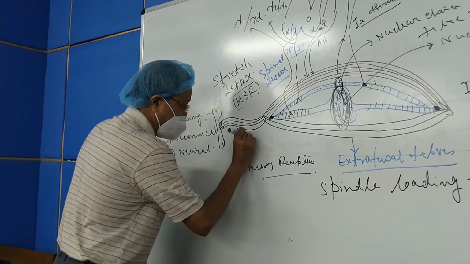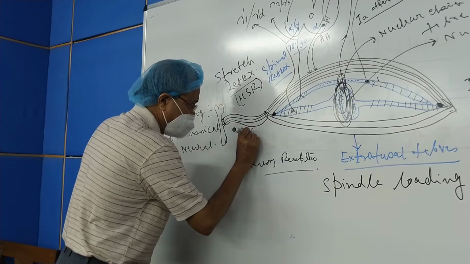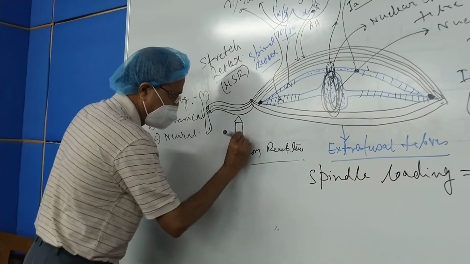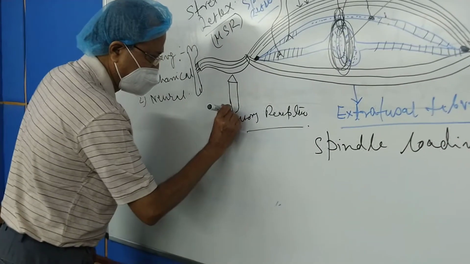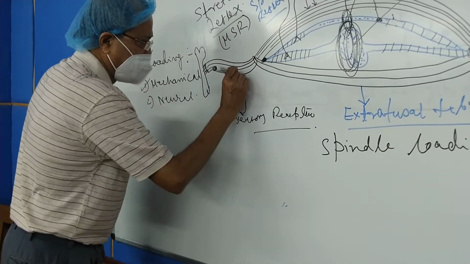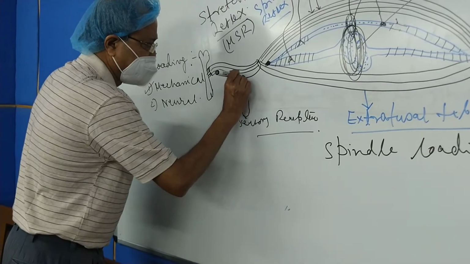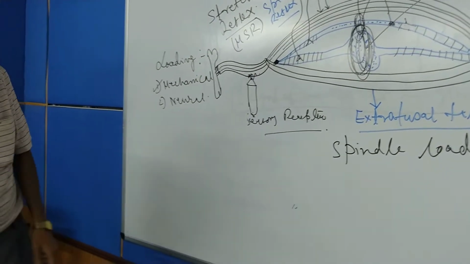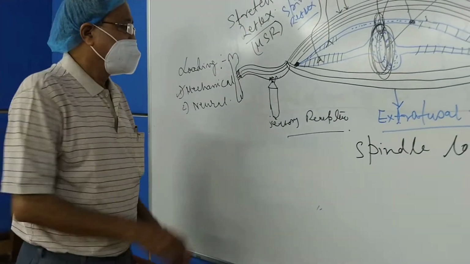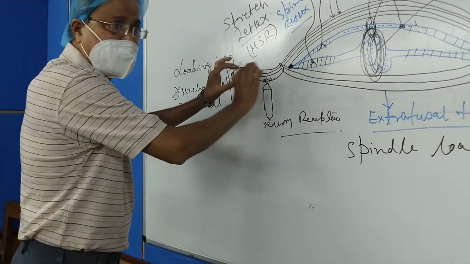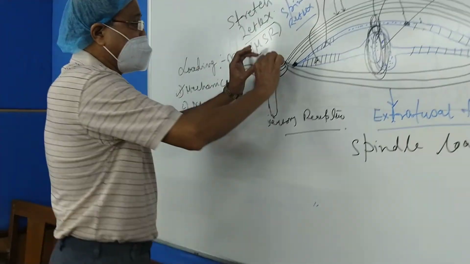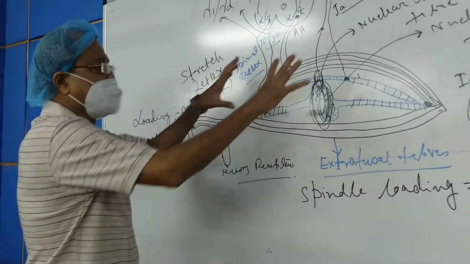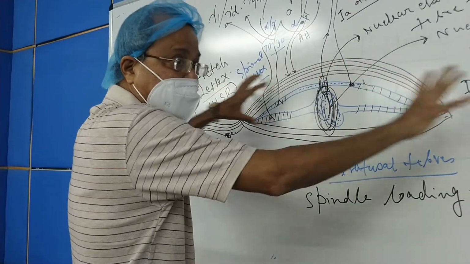say, for example at this place, when the tendon is struck by a hammer, then what happens? There is stretching of the tendon, and as a result of anatomical continuation of the tendon with the extrafusal muscle fibers, the extrafusal muscle fibers are also stretched.